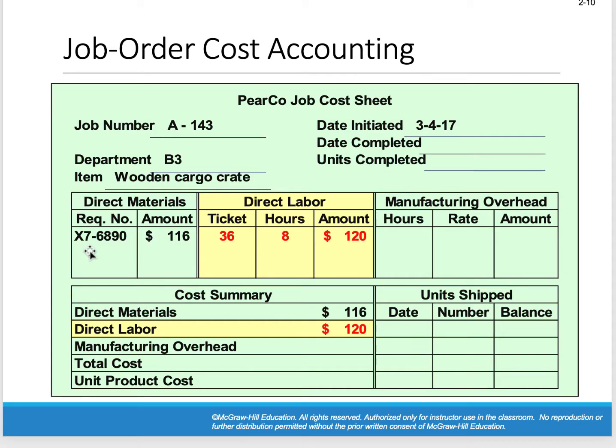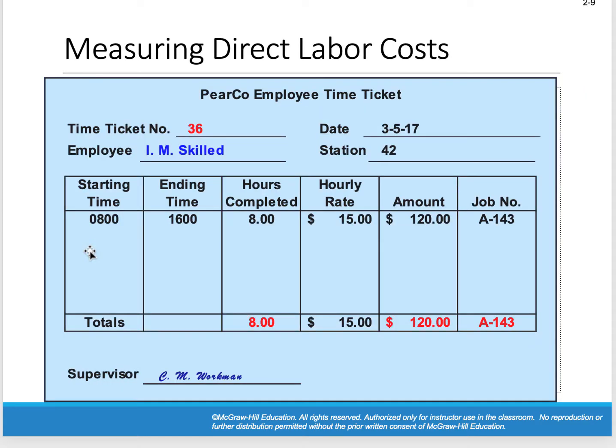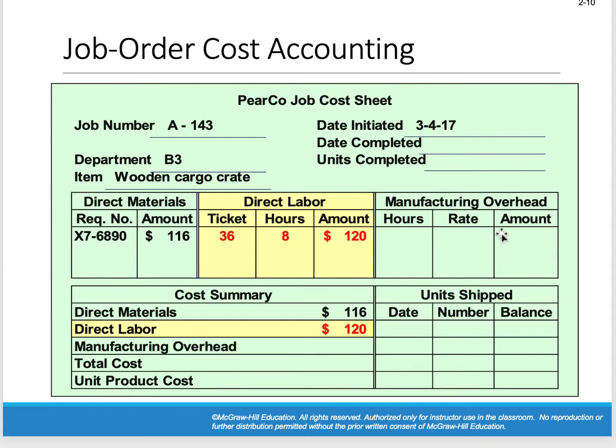Plug it in to the job cost sheet for direct labor. If you notice under job number A-143, this person's working on that job, so we can take this time card, go to the job cost sheet for A-143 and plug in the information. Well, this person used time ticket 36. They worked 8 hours based on 15 bucks an hour. This person made $120. So job A-143 consumed $120 of direct labor.